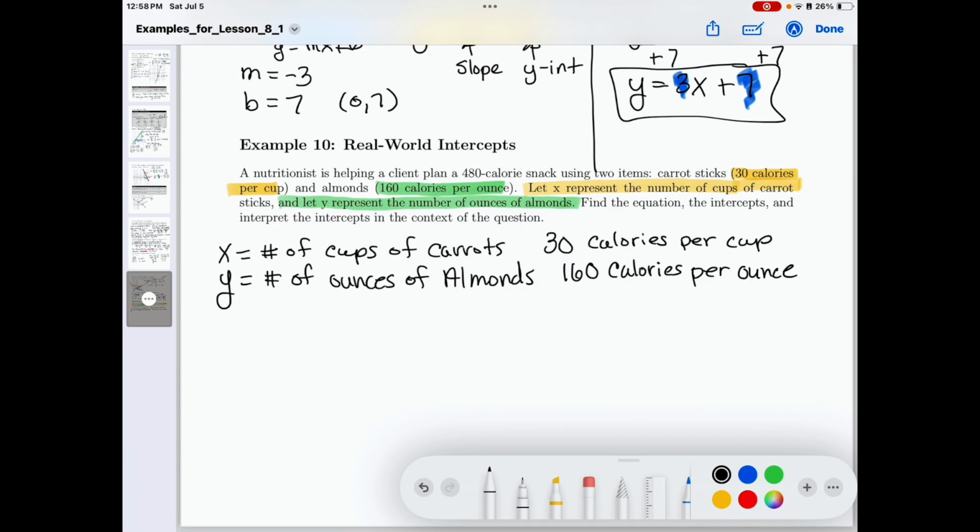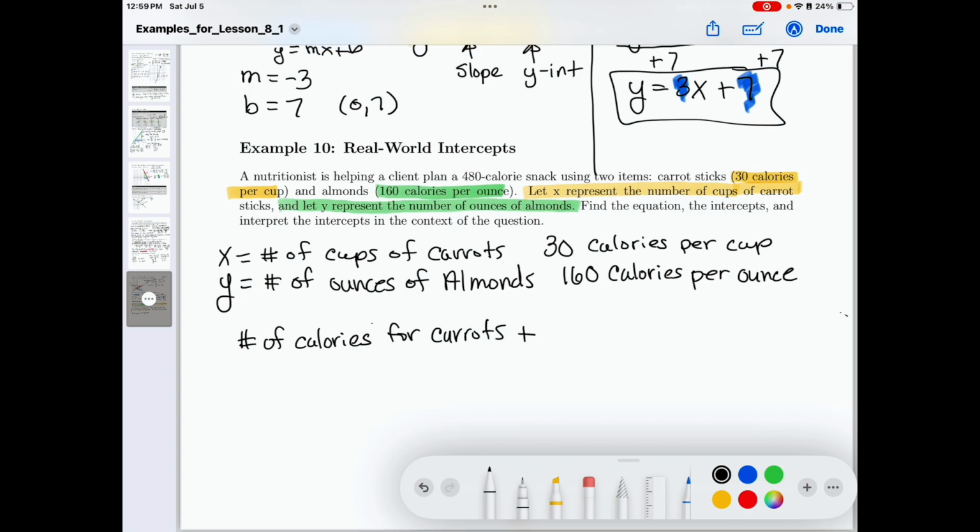And we want a total of 480 calories. So what we need to do is find the number of calories for carrots, and we want to add that to the number of calories for almonds.